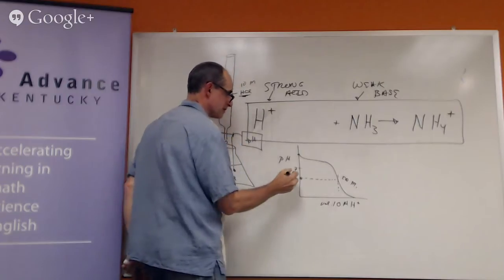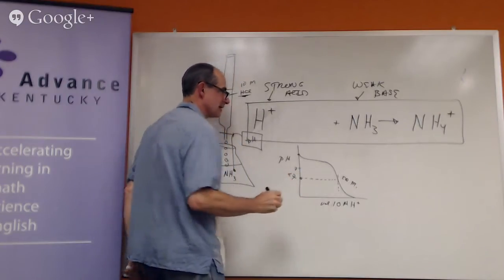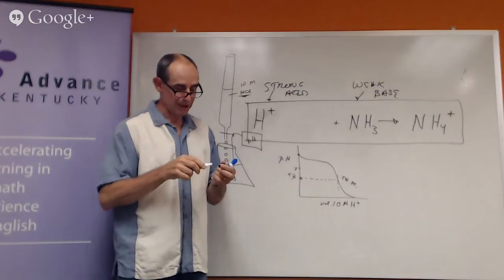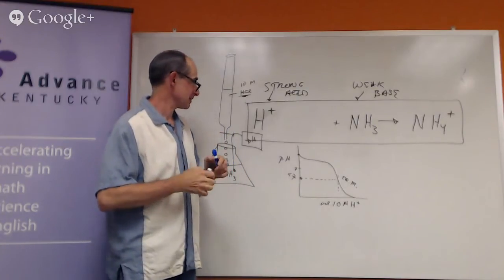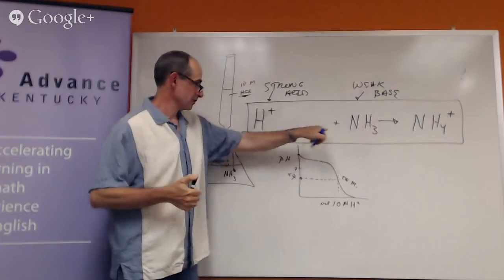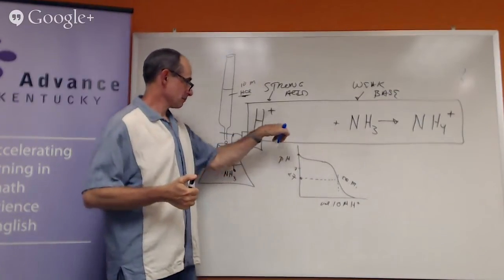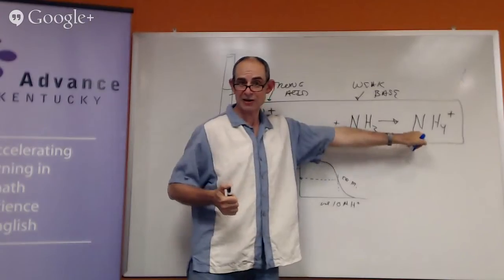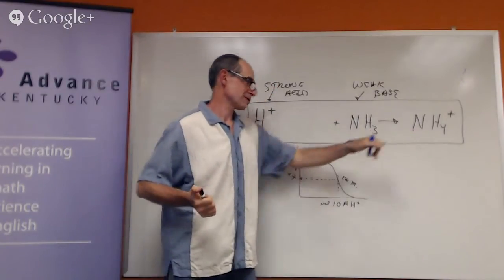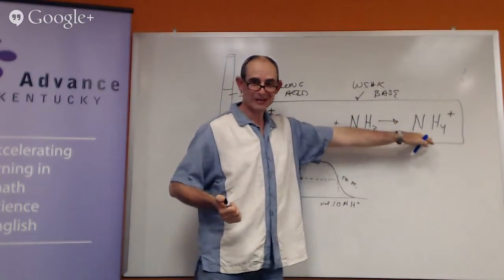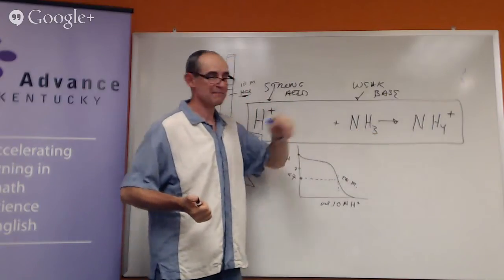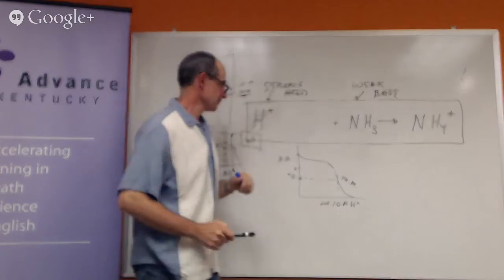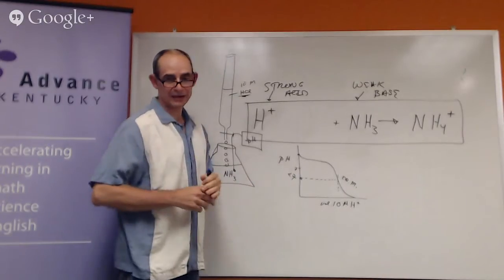The equivalence point pH will be less than 7. Another slightly different and maybe a little bit better way of explaining it is to say that at the equivalence point, we've converted all of our reactants to ammonium ion, which is itself a weak acid, being the conjugate acid of the weak base ammonia. And because we now have a solution of a conjugate acid, the pH will be slightly acidic.